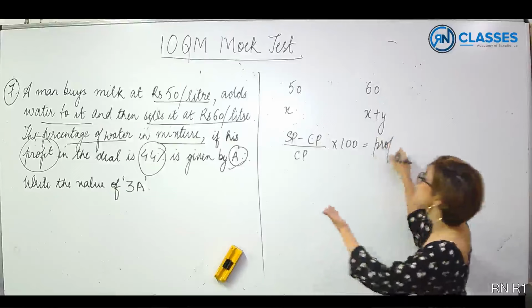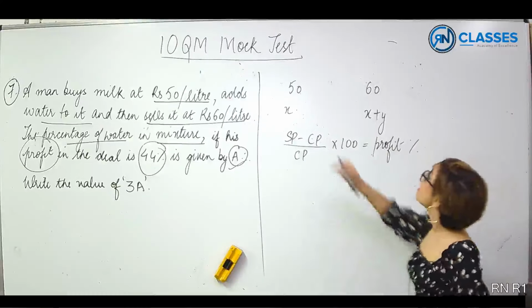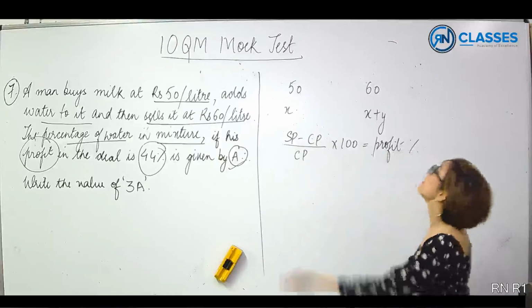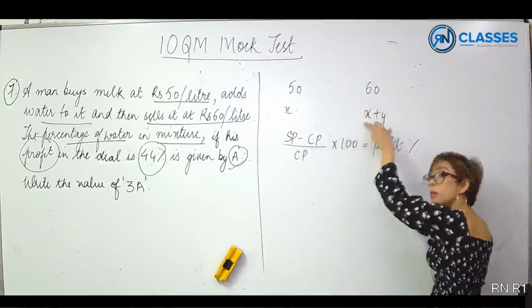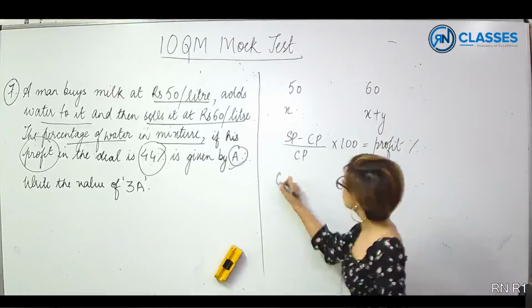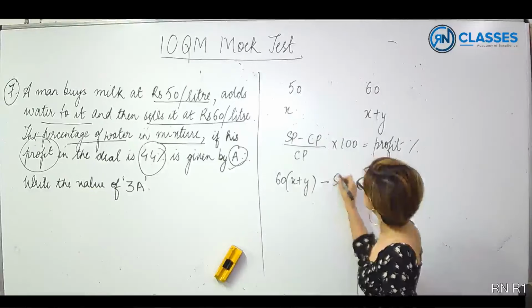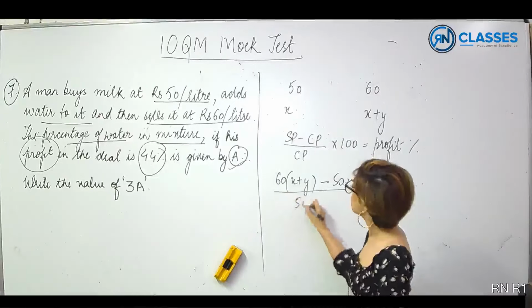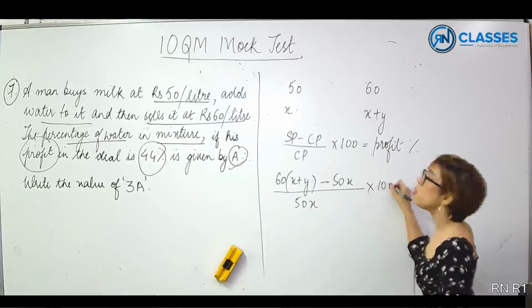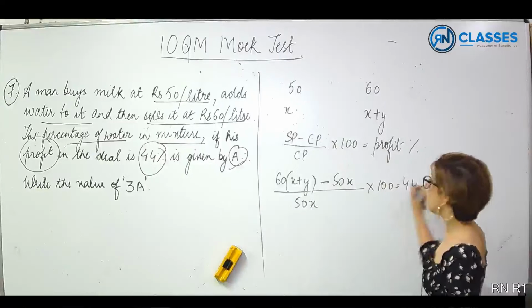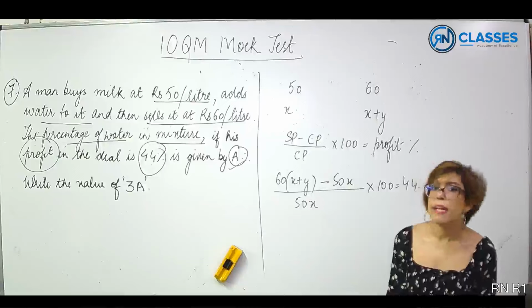Right? So let me just substitute the values. Now he says selling price. Now obviously it is rupees 60 per liter. These are the number of liters, so 60 into this. Minus, now cost price, that is 50x. Whole divided by 50x into 100. That is equal to the profit percentage. Now obviously you are not able to find the values of x and y.